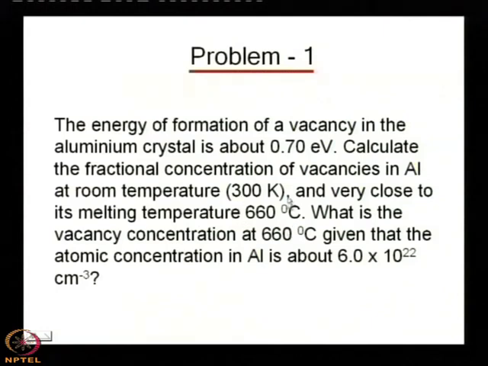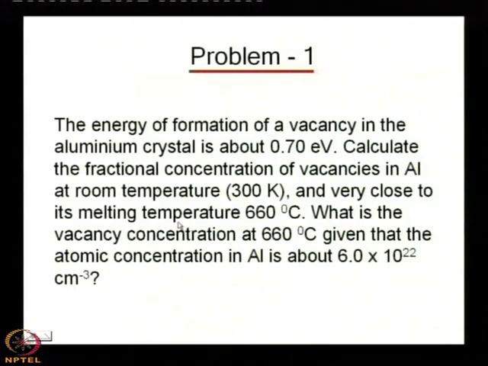Because we have to see what the defect concentration is at melting temperature, since when it recrystallizes, it will recrystallize with the defects. What is the vacancy concentration at 660 degree centigrade, given that the atomic concentration of aluminum is about 6 into 10 to the power 22 per centimeter cube?